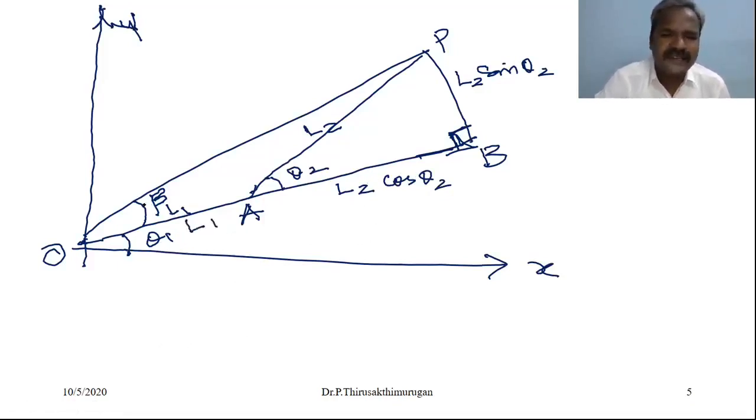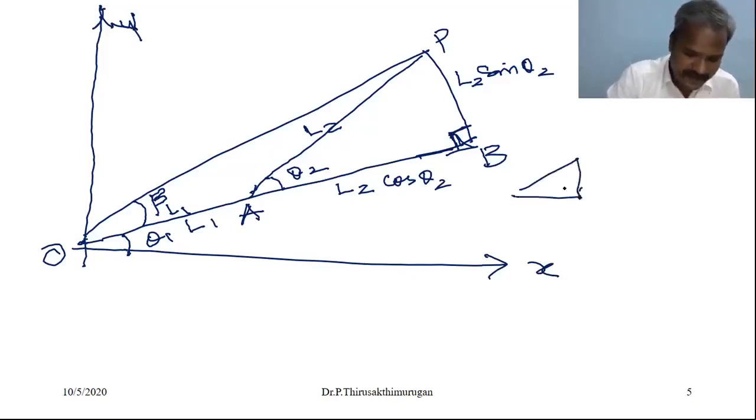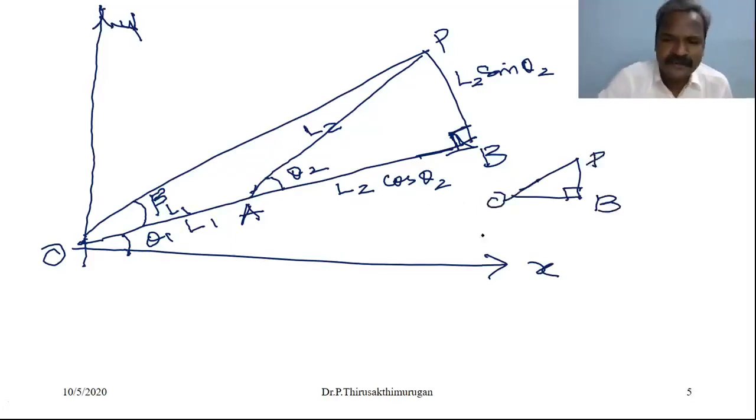So what is tan theta? Consider this right angle triangle O, B, P. In this right angle triangle, this angle is beta. So what is tan beta?